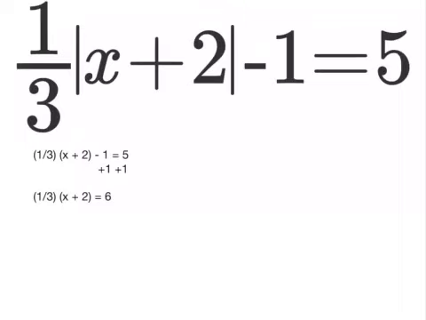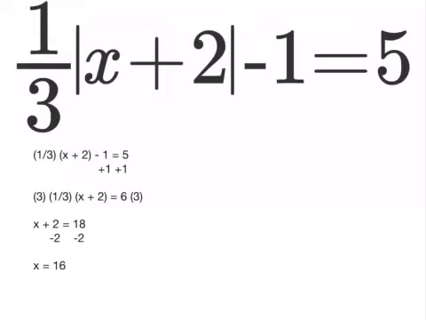That means 1/3 of x plus 2 equals 6. Now, rather than multiplying by 1/3 and having to add or subtract 2/3, I would much rather just get rid of the fraction altogether, and I would do that by multiplying both sides by 3. That means that x plus 2 equals 18, subtract 2, x equals 16.